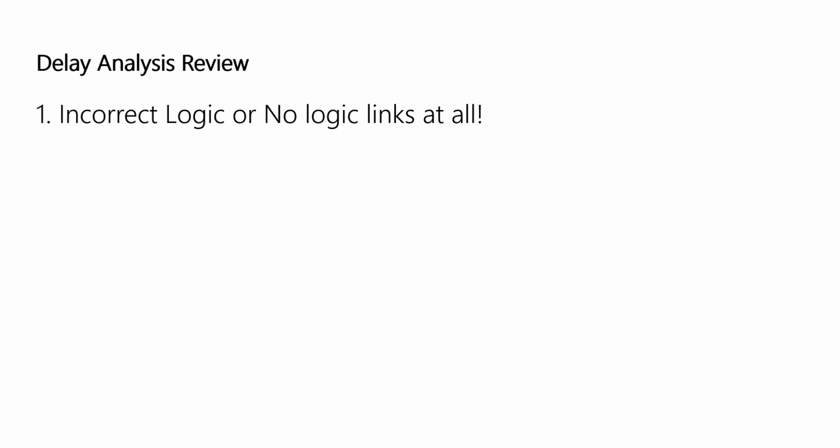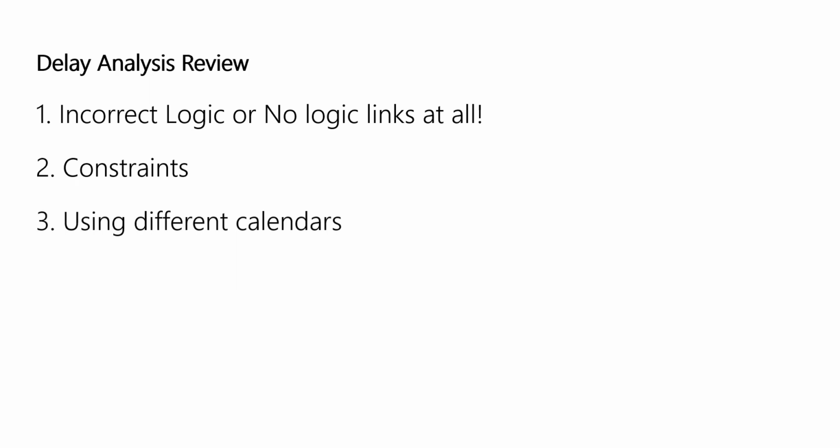Second, check for embedded constraints and see how it affects the logic of the program. Third, analyze how the project calendars are set up. For instance, if a 24/7 working calendar is used, the project duration will be much shorter than a 5-day working week based calendar. Calendars can easily be used to manipulate project durations.